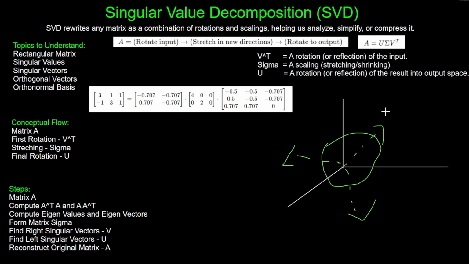After that step, let's look at the next step, which is stretching in new directions, achieved by this component sigma. Now that we have the shifted ellipsoid, we have this sigma.